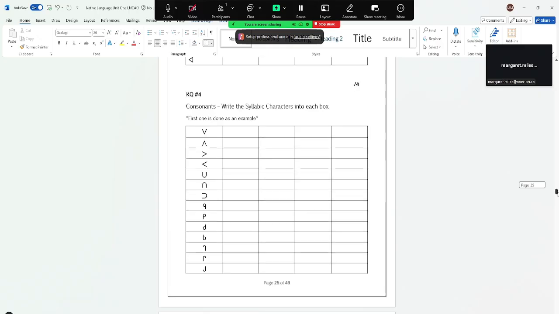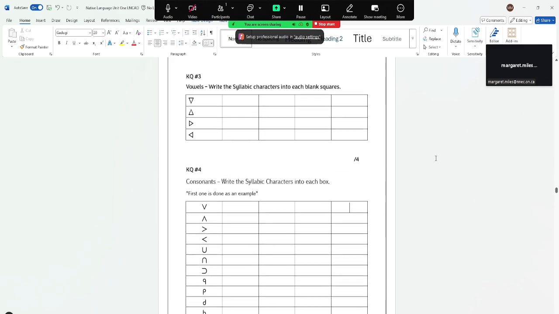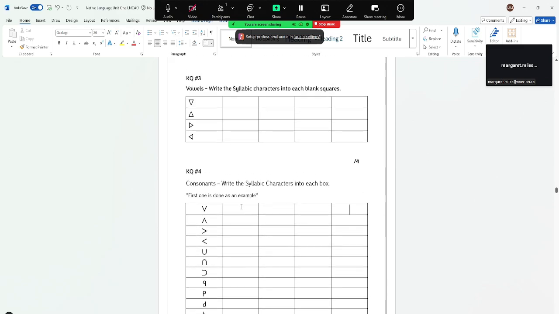So key question 4, you write all of these in syllabics. Again, we will review these key questions. Now we'll put the examples back up.